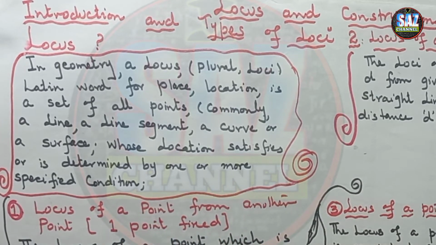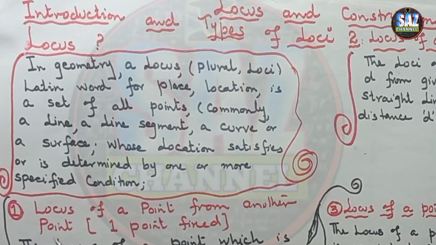So locus is the set of points, and locus means the path or trajectory traced by the movement of a particle under certain mathematical conditions. Now let's try to understand those mathematical conditions and the types of loci.